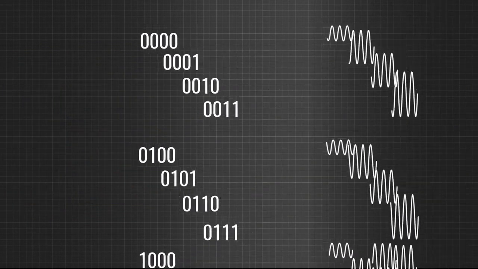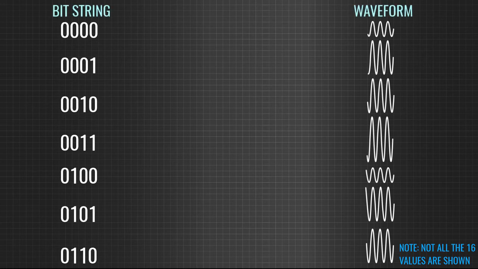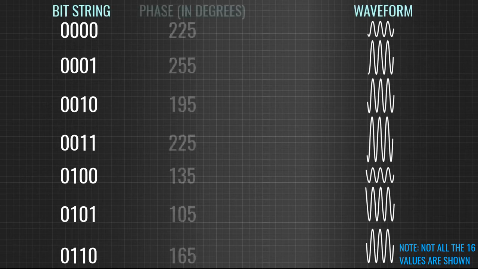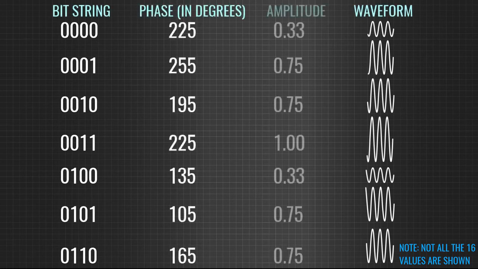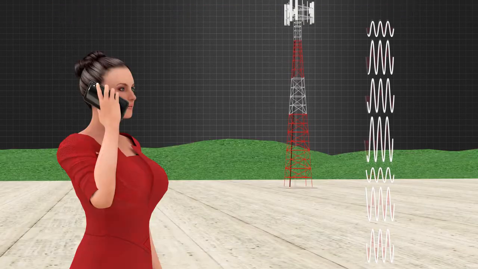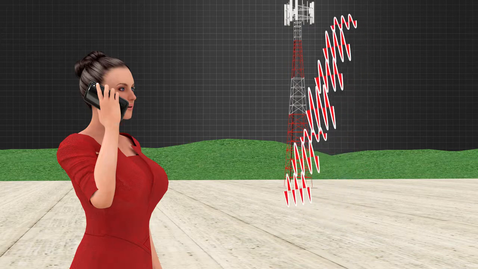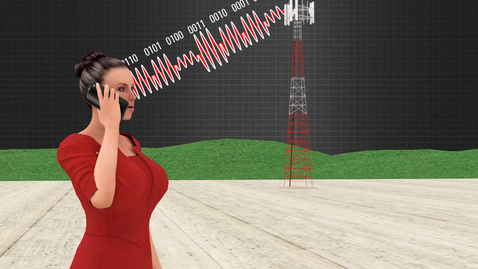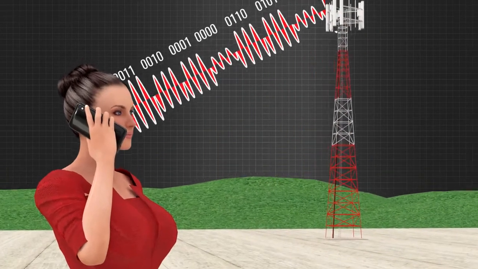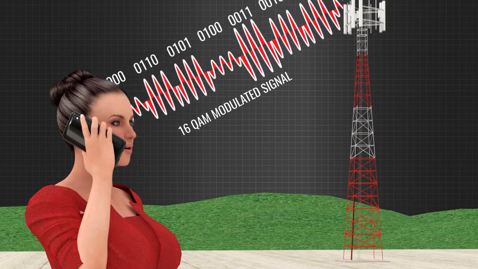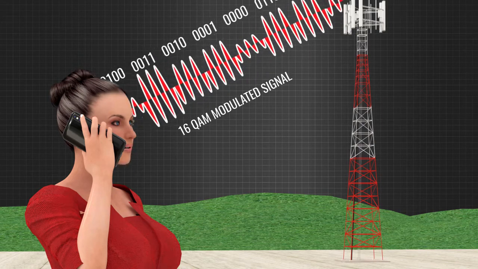In 16 QAM, such 16 bit values can be represented by adjusting the phase and amplitude of the multiplexed signal. And this single multiplexed signal is then used for the transmission. You can see how the different amplitude and phase electromagnetic signals represent various 4 bits of data.